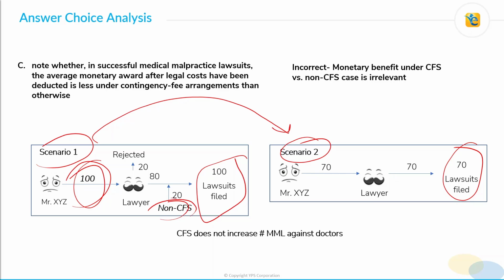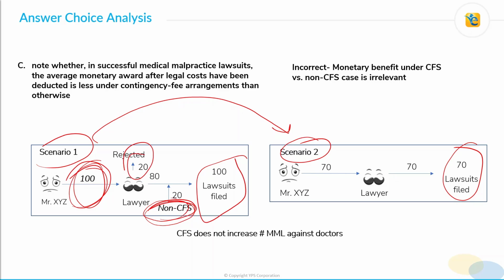This choice talks about how many cases the lawyer will take from non-CFS and how many from CFS. That is not relevant, since this preference will not increase the number of cases. At max, if CFS is less profitable, then more cases will get rejected by the lawyer, and the number of cases may actually reduce.